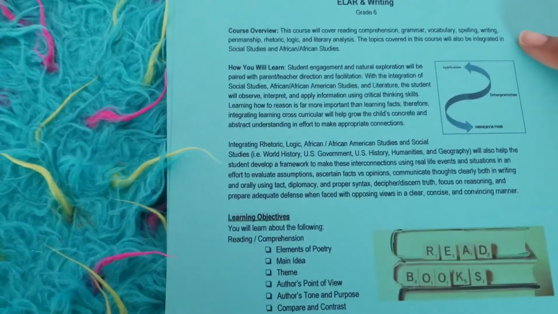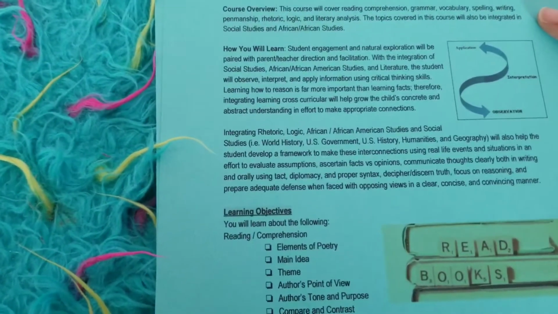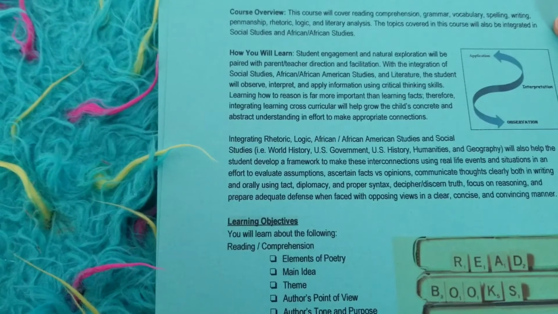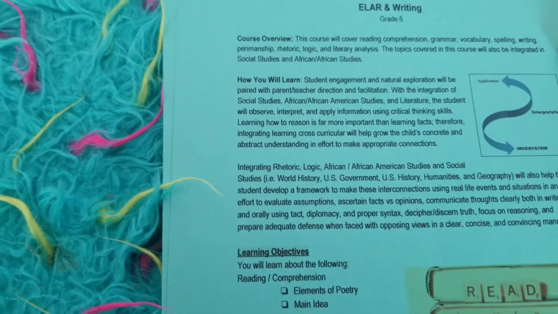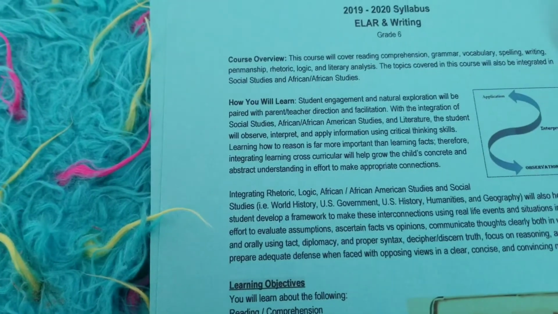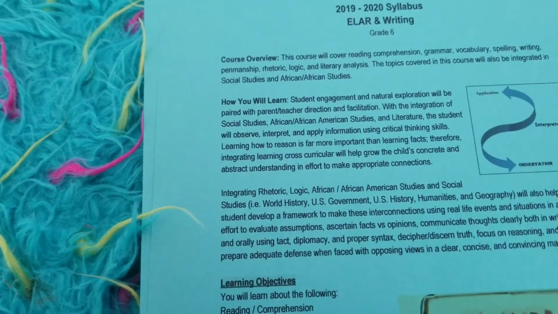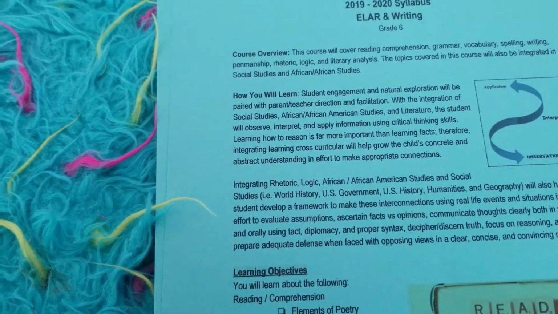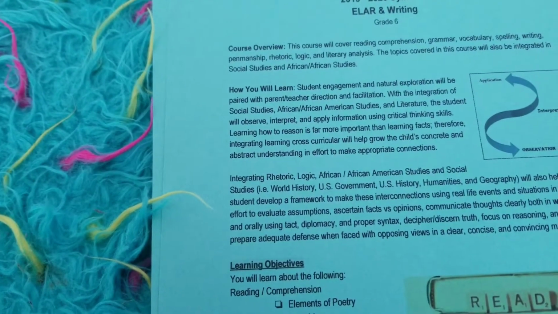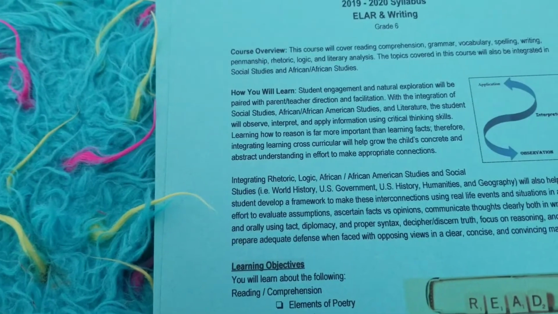So I give a course overview, which says, what does this class include? What are the different subtopics or topics we'll discuss in this course? And as you can see, it says this course will cover reading comprehension, grammar, vocabulary, spelling, writing, penmanship, rhetoric, logic, and literary analysis.